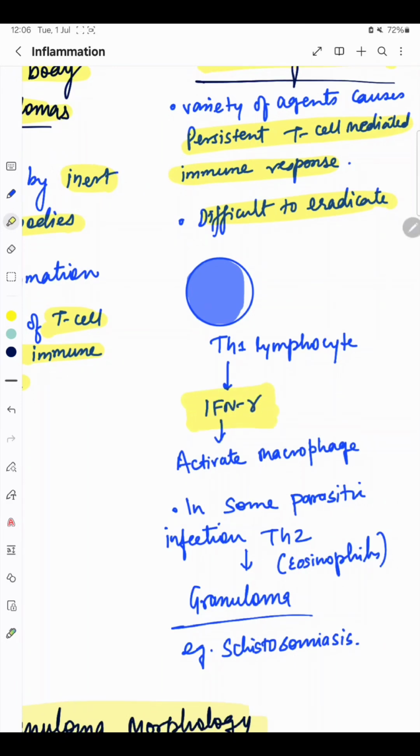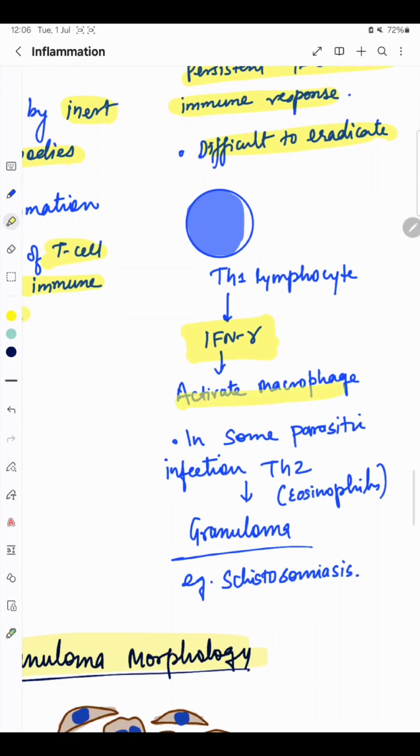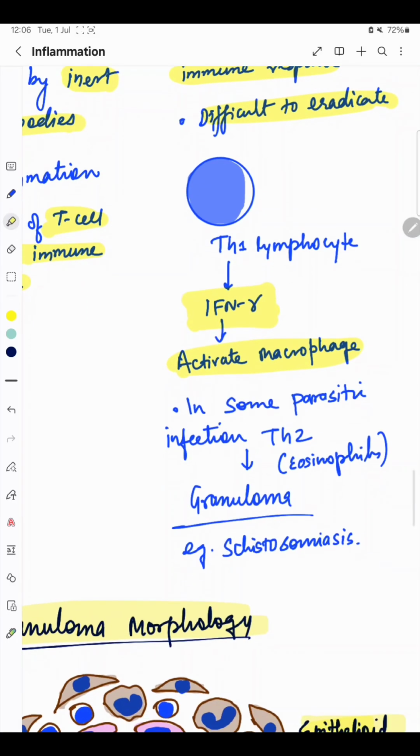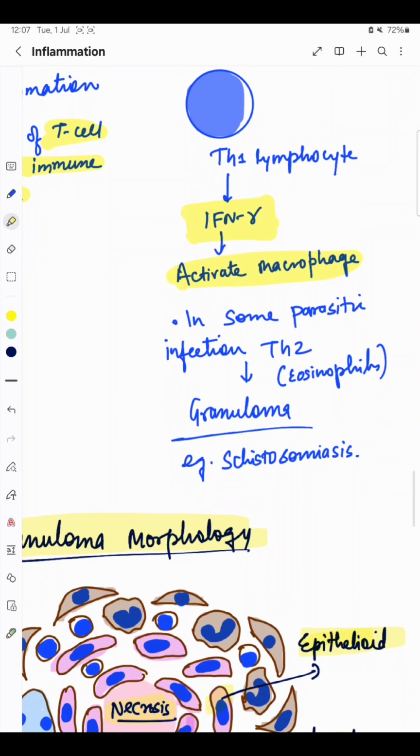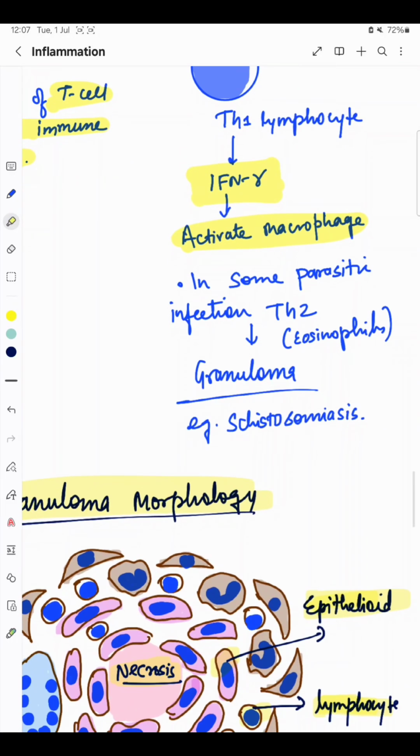This interferon gamma activates macrophages by the classical pathway into M1 macrophages. In some parasitic infections, the helper 2 cell, Th2 cell, is also responsible for the development of granuloma, which is seen in schistosomiasis.